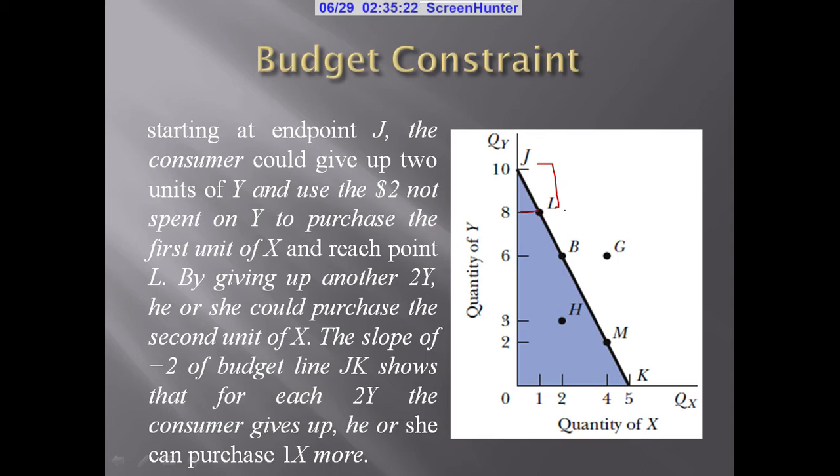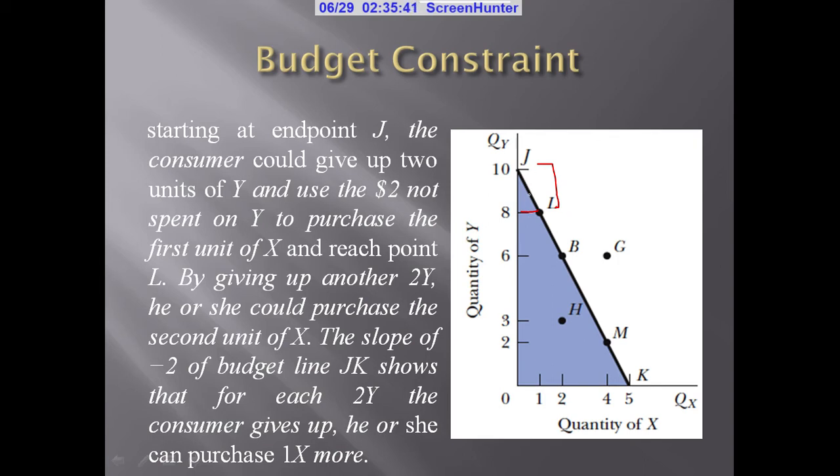So at this point, the individual is consuming 8 units of commodity Y and 1 unit of commodity X. Total expenditure on Y equals 8 multiplied by 1, since the price of Y equals 1.